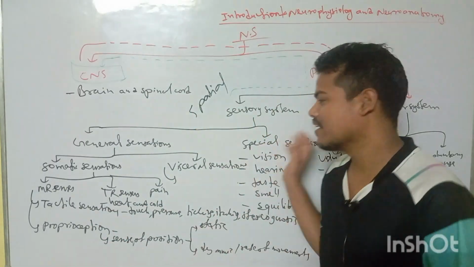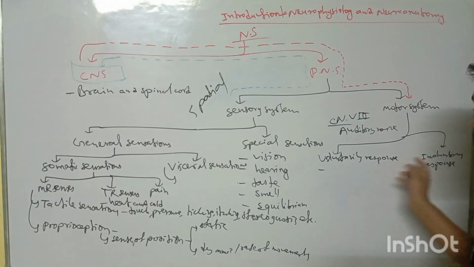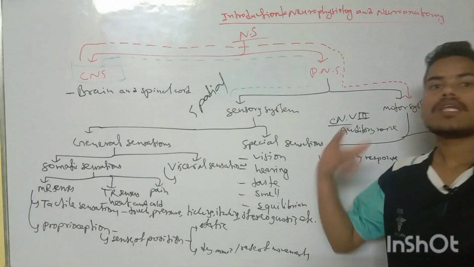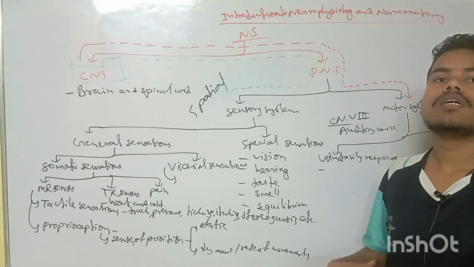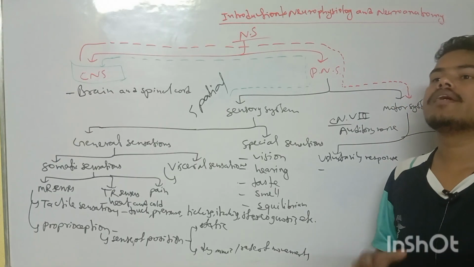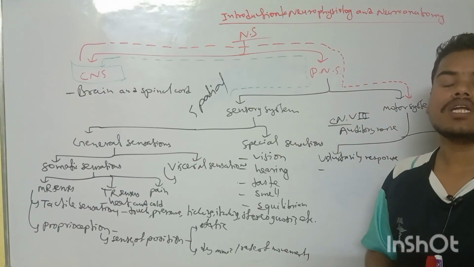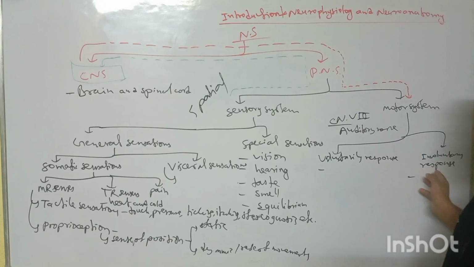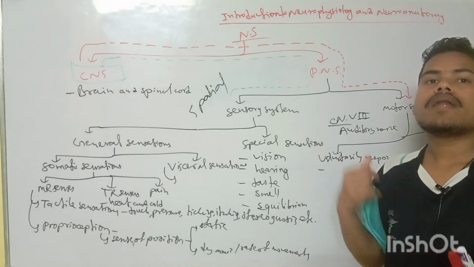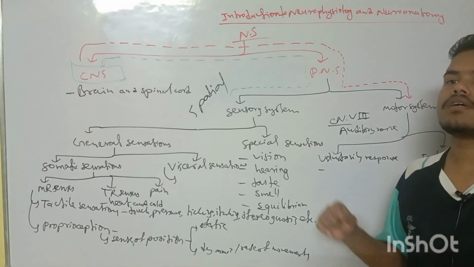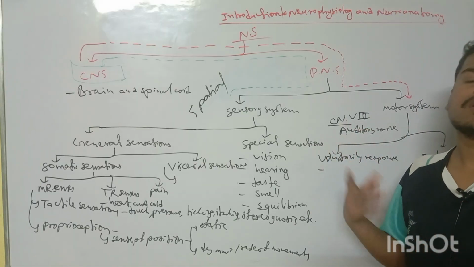Now let's talk about something more serious. Blood pressure is continuously maintained in the normal physiological range. How does this happen? There are baroreceptors and chemoreceptors: aortic bodies, aortic sinus, carotid bodies, carotid sinus.